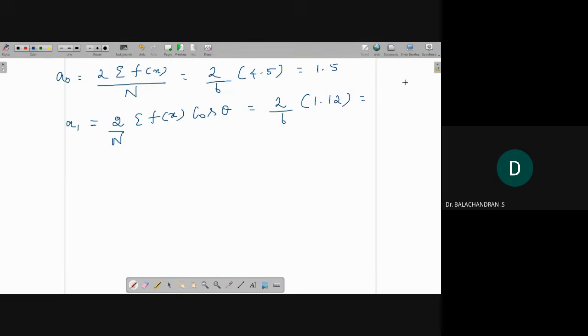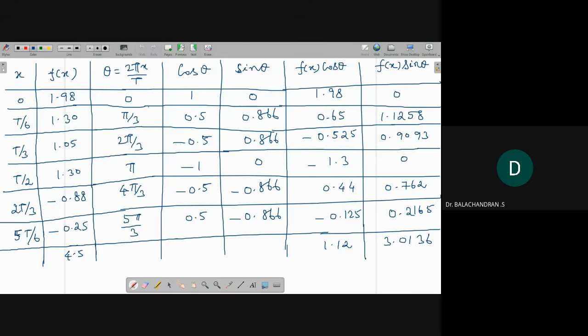That is equal to 0.373. And finally B1 is 2 by n, sum of f of x into sin theta. That is equal to 2 by 6 into 3.0136.